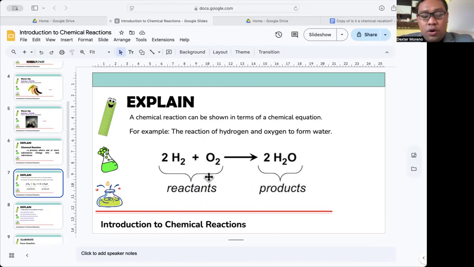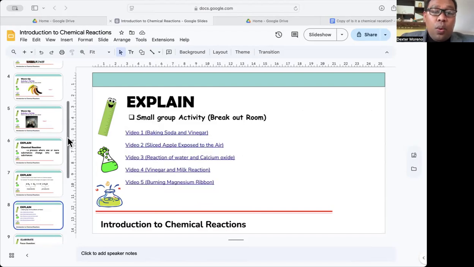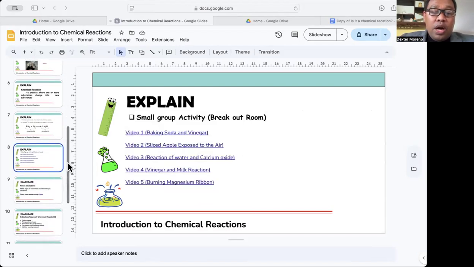But how do we know if a chemical reaction has occurred? So in our next activity, you are going to watch a video, and I want you to identify the signs or the indicators of a chemical reaction. So together with your partner, I'm going to put you in the breakout room. Breakout room 1, you're going to watch video 1. In breakout room 2, you're going to watch video 2.